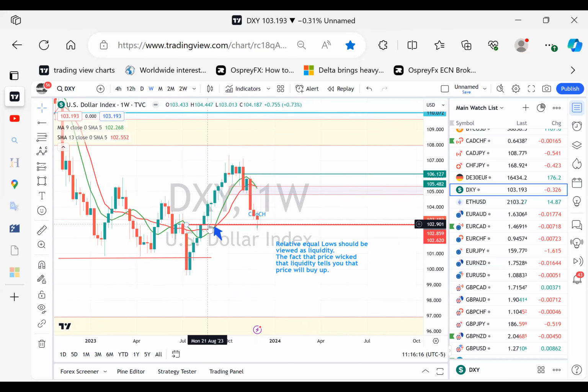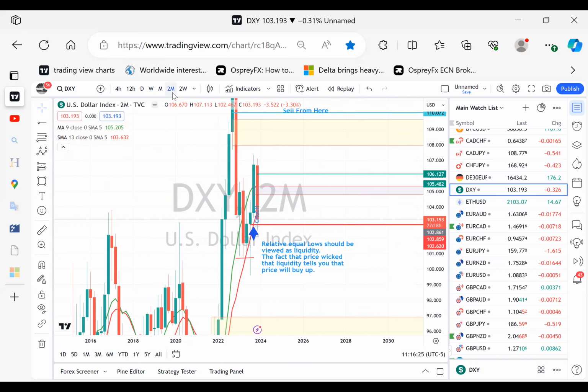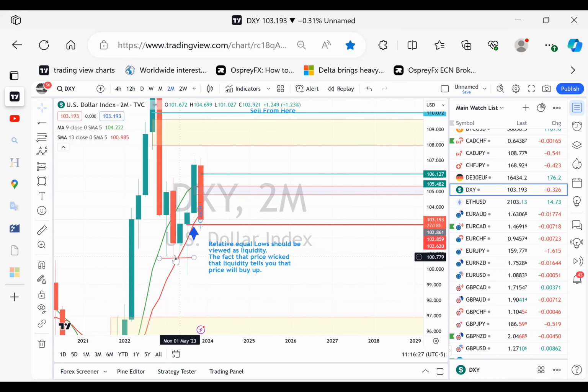This is the same setup that we saw right here. Lows, wick. Lows, wick. Everything is going to happen the same way, right? This is not rocket science.